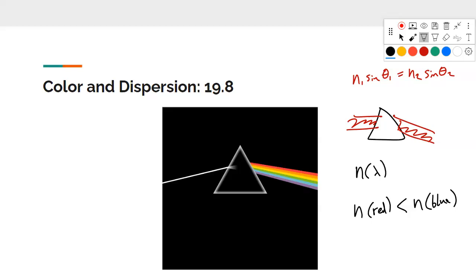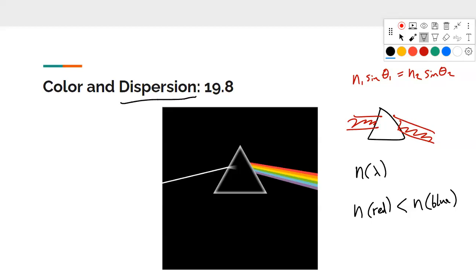The higher the frequency, the harder it is to travel through a material. And so light that has a harder time traveling through the material will bend more when it is exiting. And so we get this order of the colors coming out where the red is bent the least and the blue and purple is bent the most. And that's what it means when we say dispersion.